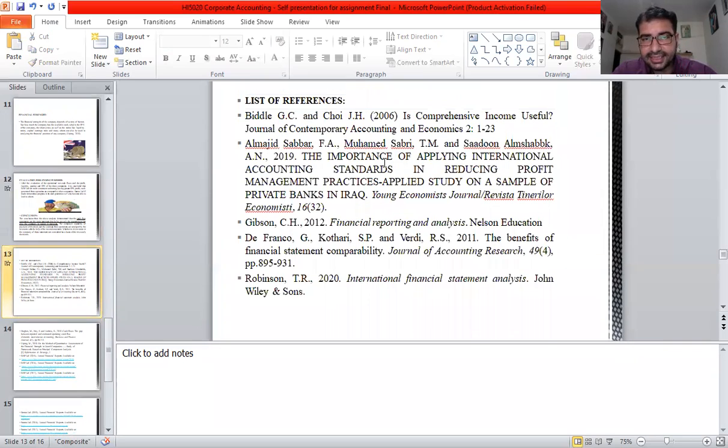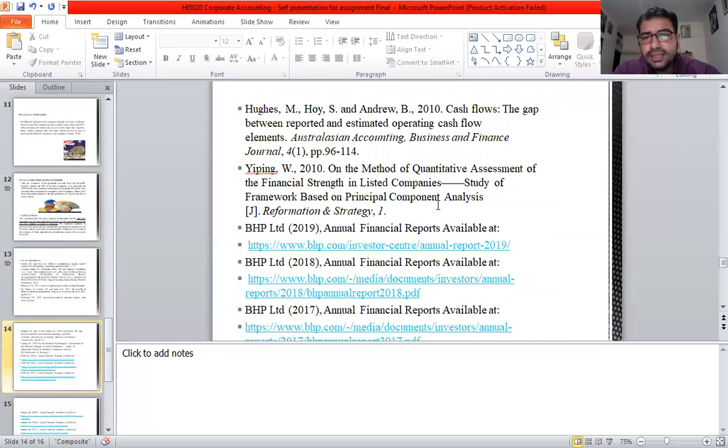The references were taken. This is the list of the references that I have added and referred to: Biddle, CG and Choi, Al Majid, Gibson, Financial Reporting and Analysis, Robinson TR, International Financial Statement Analysis by John Williamson, Youths 2010, Cash Flow: the gap between the reported and the estimated operating cash flow, Australian Accounting and Business Finance, Yiping.